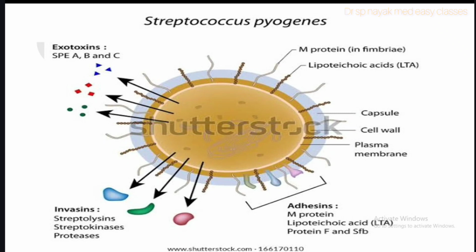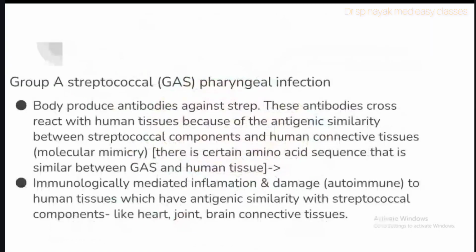So these are affected because of the availability of M protein. This is how it mimics the organs. Remember these three invasions written in the bottom left corner: streptolysins, streptokinases, and proteases. Immunologically mediated inflammation and autoimmune damage occurs to human tissues which have antigenic similarity with streptococcal components, like heart, joint, brain, and connective tissues.